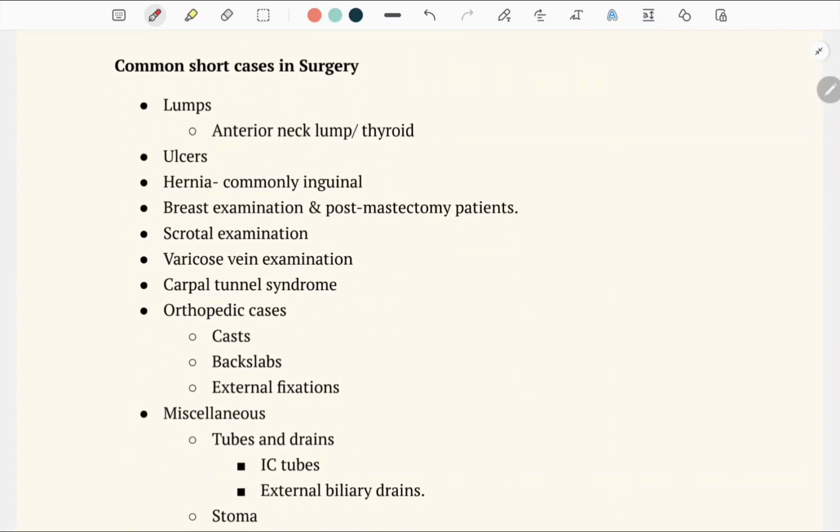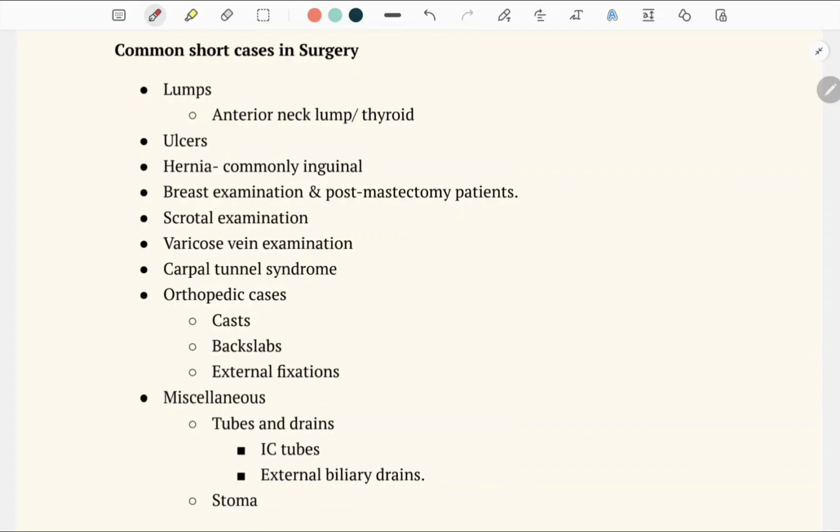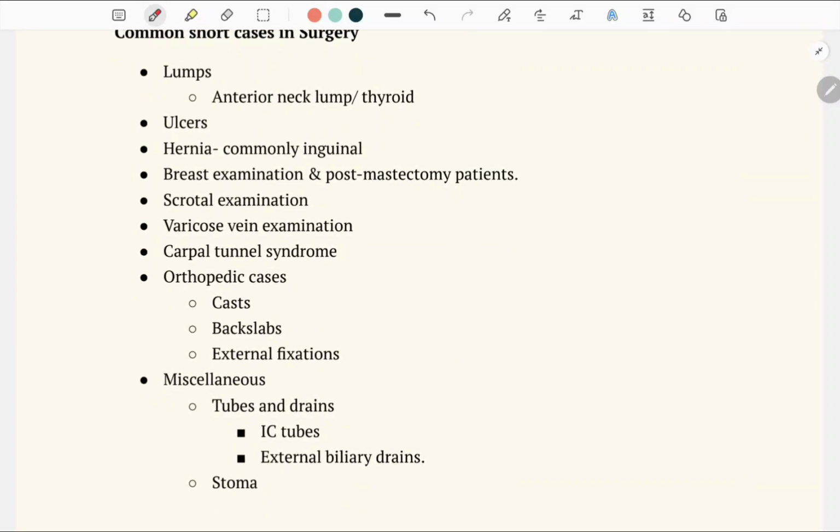And in the upcoming videos we'll discuss some common short cases that you may encounter in your final year exams, which are mostly lumps, ulcers, hernia. Mostly you will get a hernia, and commonly it's inguinal. And you will get breast examination, so it could be a female or a male with gynecomastia, so both can be given.